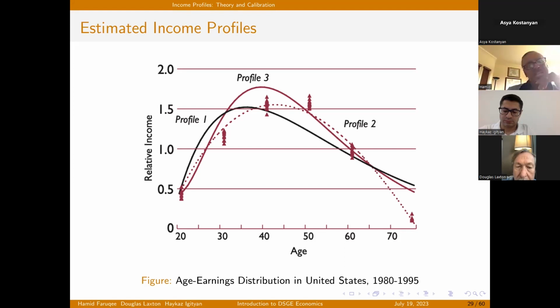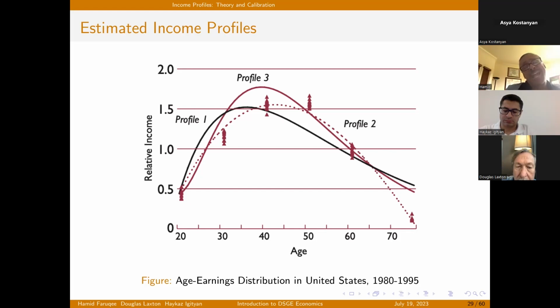So that's to give you a sense of how we calibrate those life cycle age earnings profiles. And you can do that for different countries, which would have different data with respect to the relative earnings across young workers, middle-aged workers, and older workers, depending on their labor market institutions.